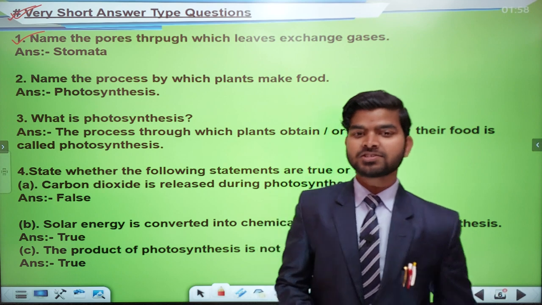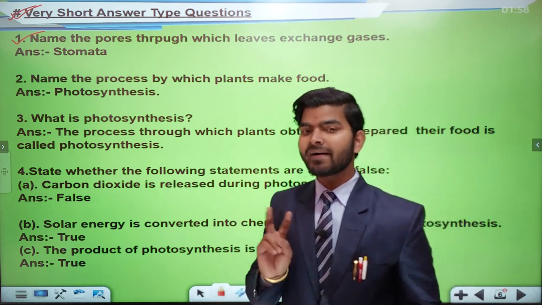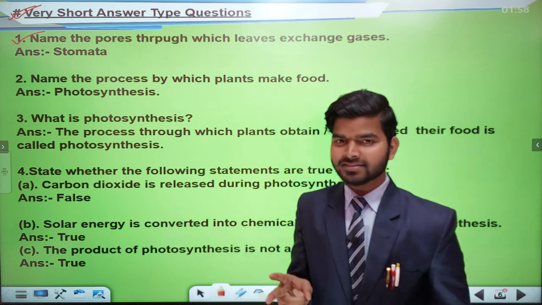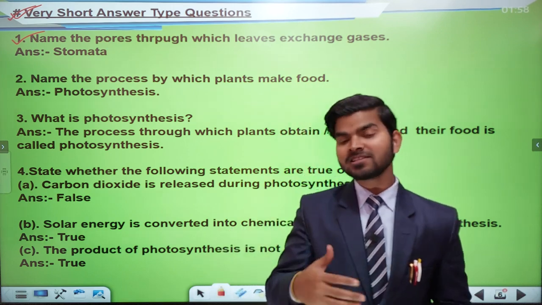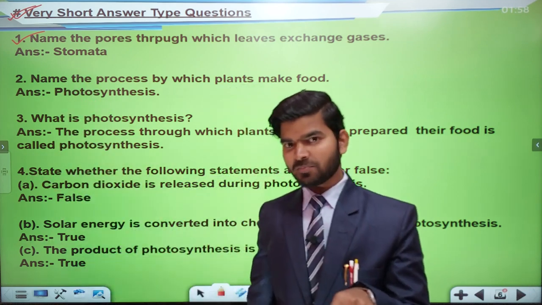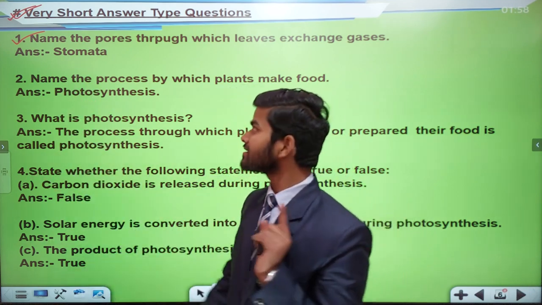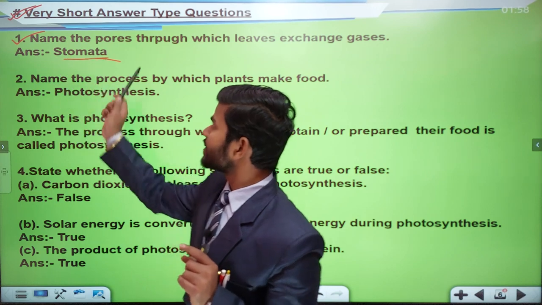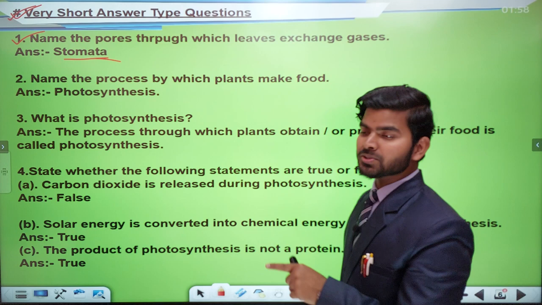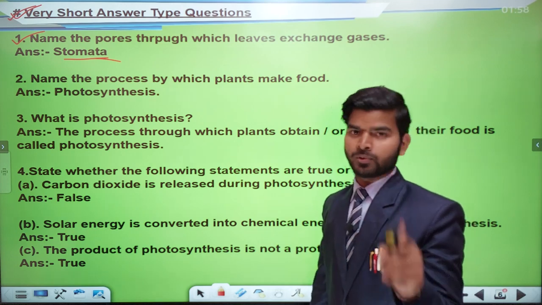Basically, a stomata is surrounded by two guard cells that help the plants to exchange gases. So the exchange of gases in plants takes place through the stomata or the stomatal pores. So the correct answer is the stomata. If you want, you can write all these questions and answers in your notebook.